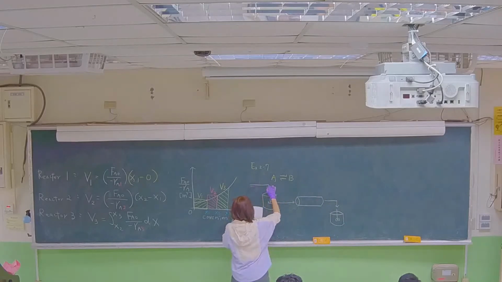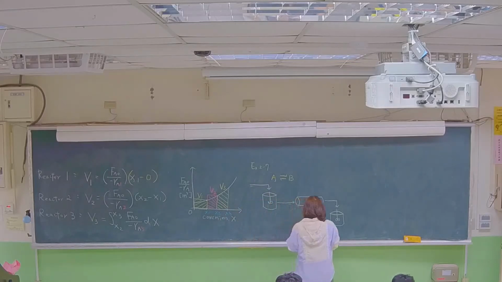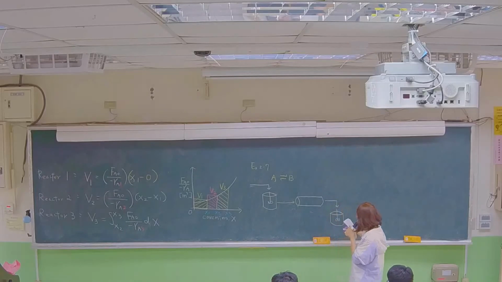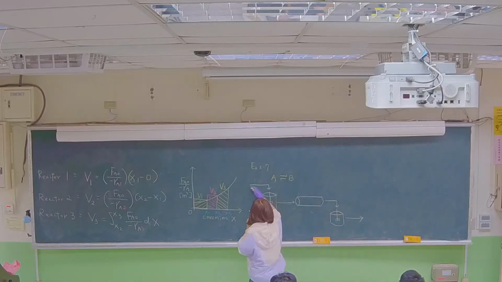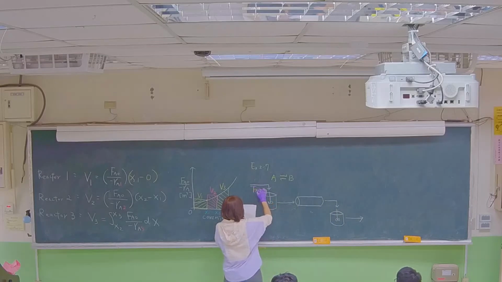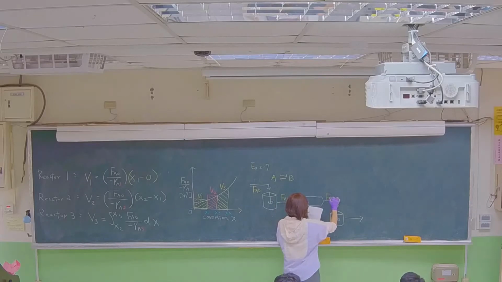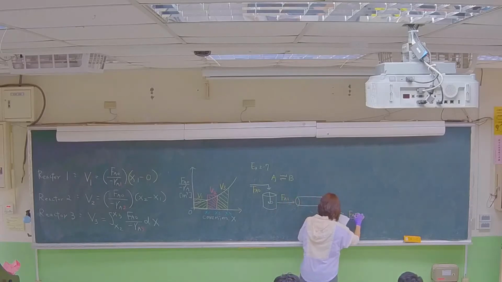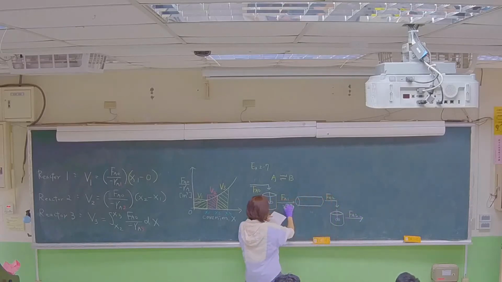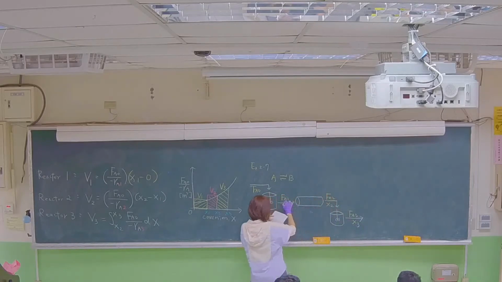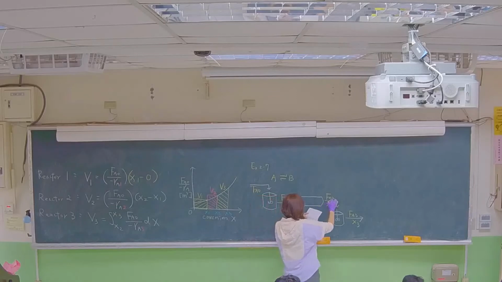The sequence is different from this one, okay? So you have to find V1, V2, and V3. Again, FA0, FA1, FA2, FA3. Conversion X1, X2, X3. You can have a point.